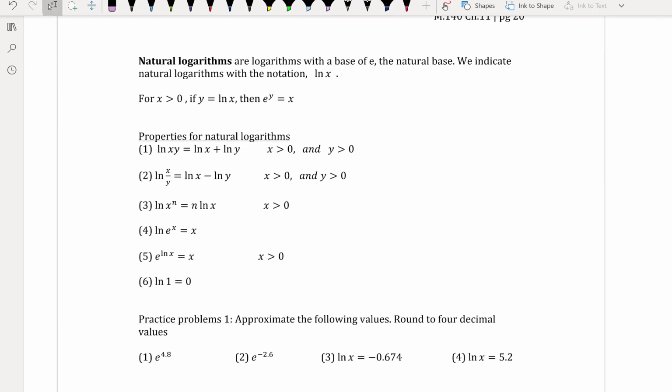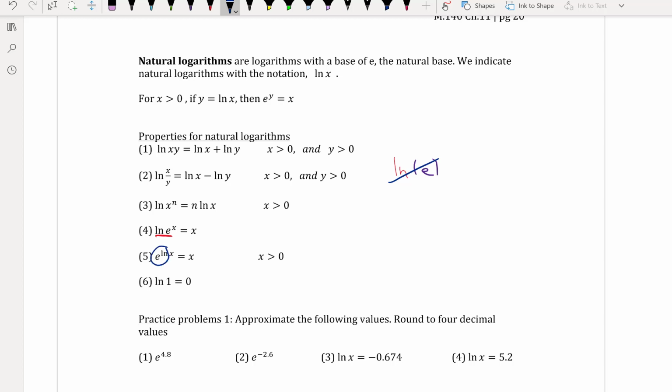So for natural logarithms, ln, that's the natural log. And we know that whenever we see ln and e together, they cancel out. So notice how it says ln e. Whenever I have ln, and on the inside I have e, they cancel out, and I'm just left with an x.